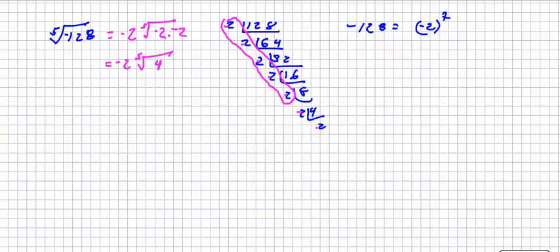So the 5th root of negative 128 is negative 2 times this number. And we know that the 5th root has to be negative, and it makes sense to have this be negative right there.